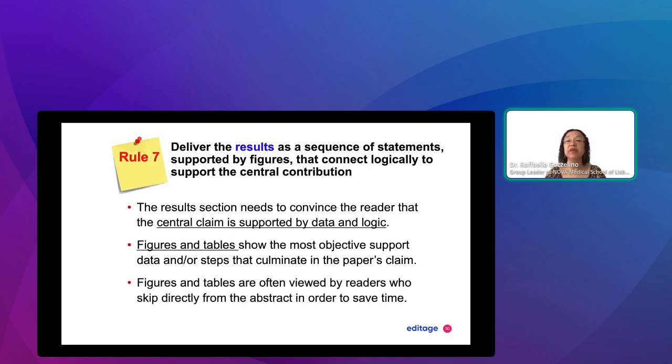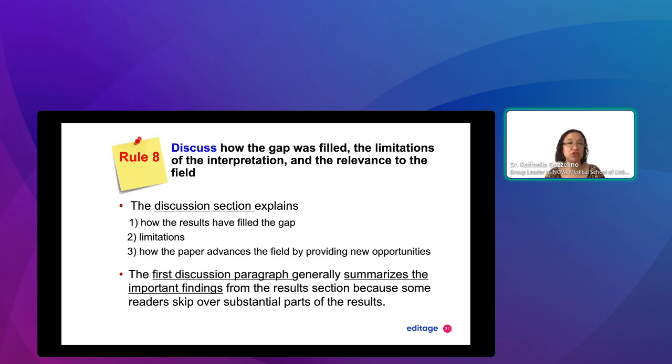So remember that the figures are very important to set the reader on the understanding of what was done in the study, and that therefore the figures also need to follow a logic in terms of flow and in terms of being able to transmit to the reader a complete story of the research that was conducted.